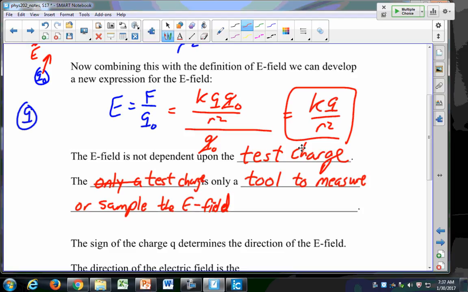I misspelled a word. Okay, so the electric field is a tool. It's not really a tool. It's really just sort of a thought tool, something we think about, because we don't actually have a test charge. We're just using it to think about what the electric field is doing.